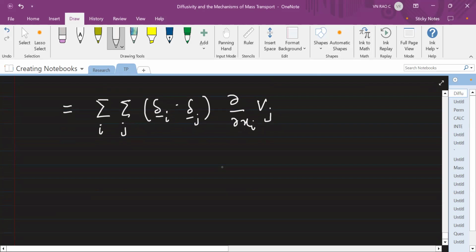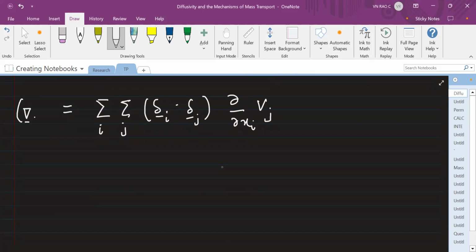Now the basic definition also comes into the picture. I think you are able to understand the divergence of a vector field. See, the dot product of delta i and delta j, the two Kronecker delta operations. These things are important. If this is not remembered, we will be in a little trouble.